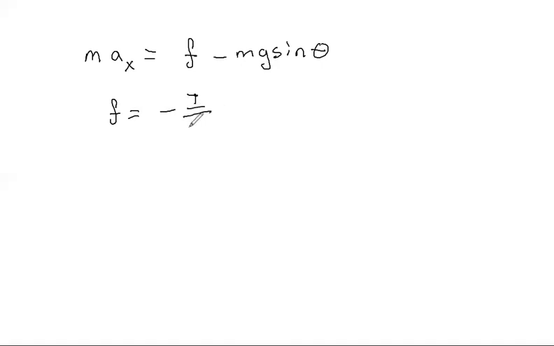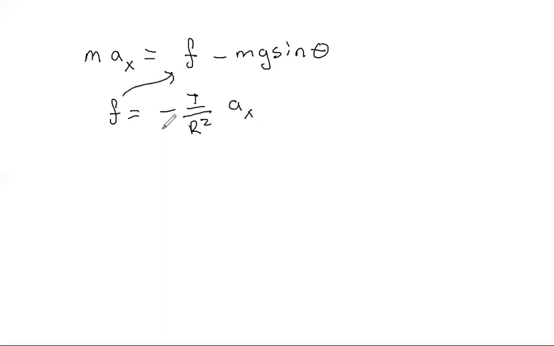So my equations are, from the force equation, I get mass times the acceleration along the ramp equals the friction force minus mg sine theta. And from the torque equation, I get the friction force equals minus I over r squared times the acceleration in the x direction.